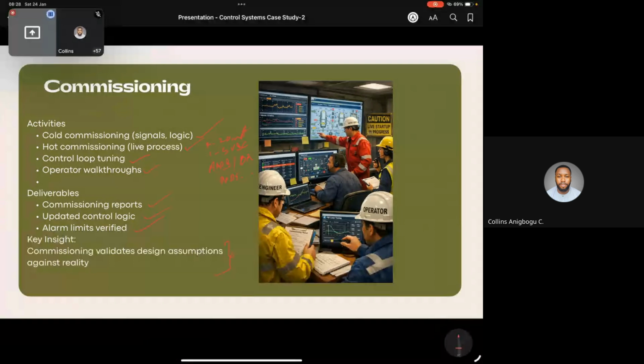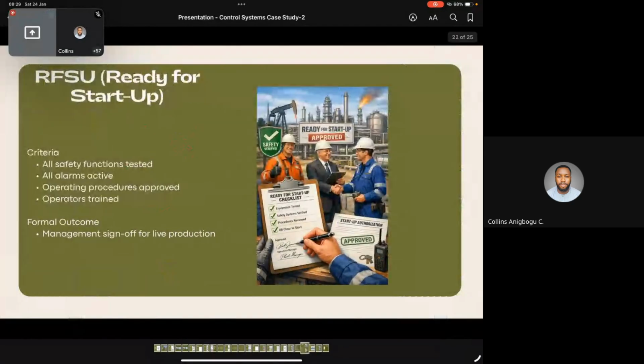So if you get it wrong at the FEED stage, it will make your work during the detailed design more complex, because you will need to do a lot more analysis and engineering. Okay, our time is running really quick.